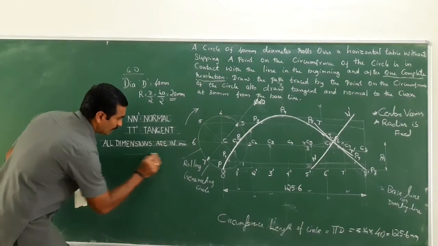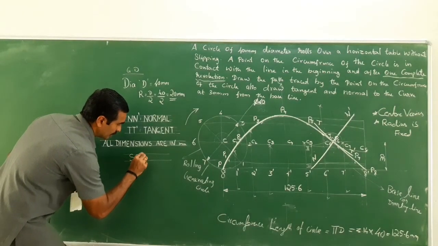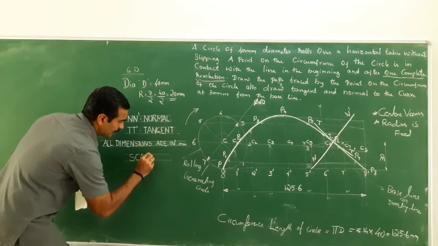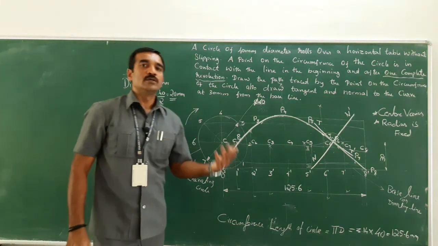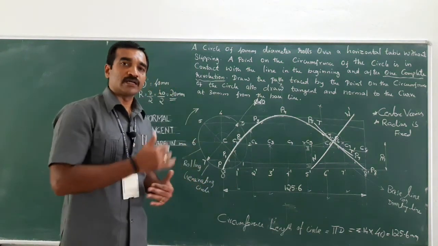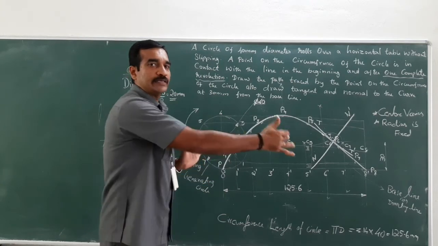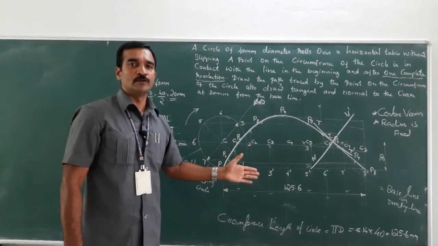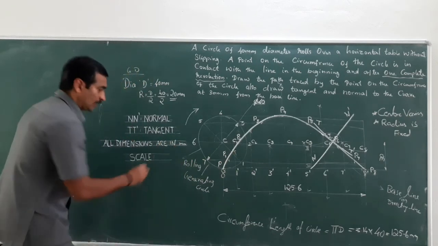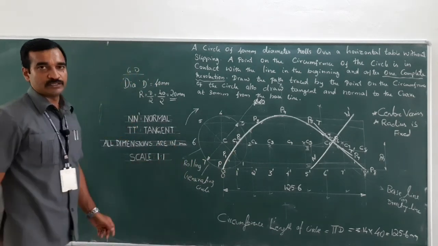Next, the scale. The scale which I use here. So, did I use any scaling, that means the enlarged scale or reduced scale? No, whatever the dimension given, the same thing I have taken. That is the actual dimension I have considered here. Therefore, it is a true scale. So, 1:1 ratio.